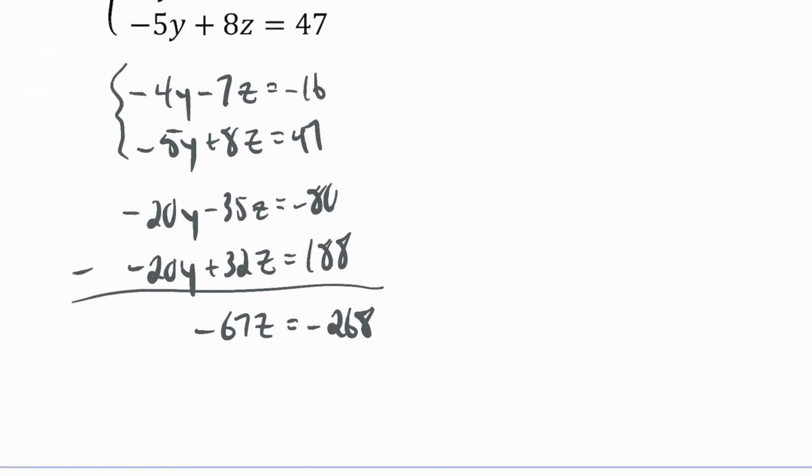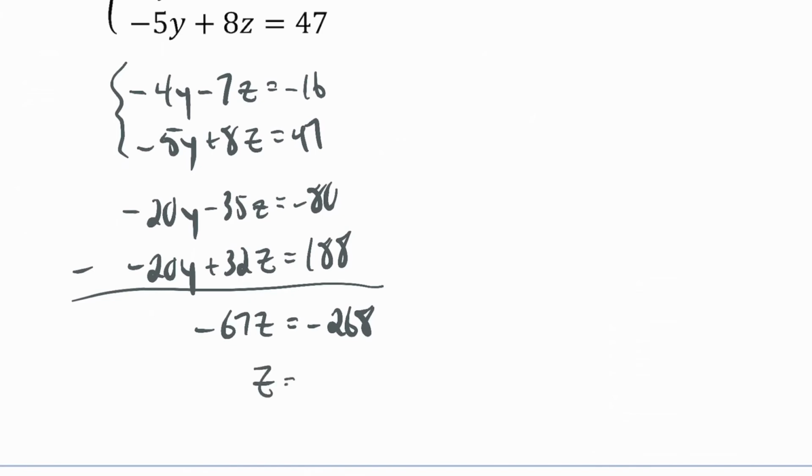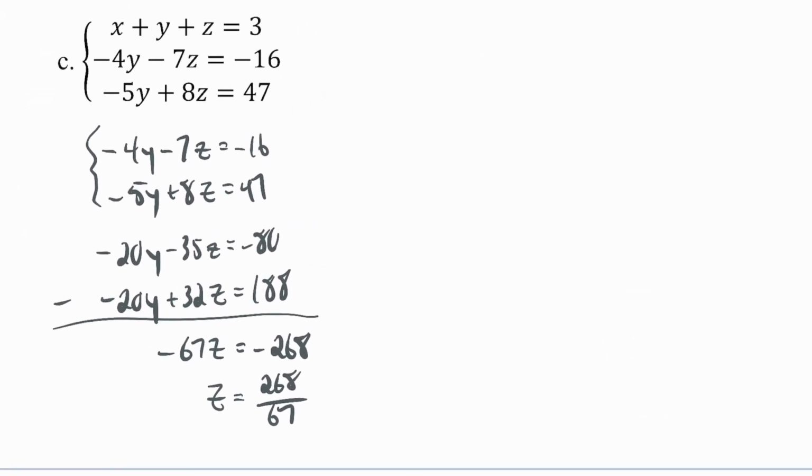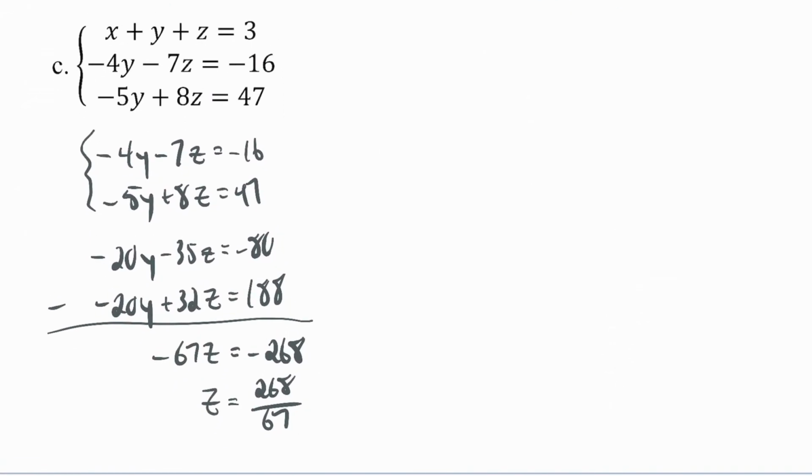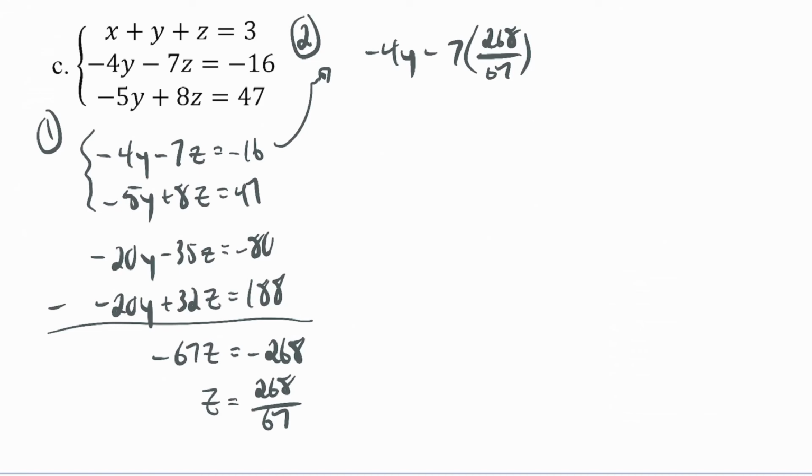Okay, so then I'll divide both sides by negative 67. So z equals 268 over 67. Okay. So we're back to messy numbers again. Okay, so now I can find a number for y. This is step 1. Step 2, I'll take this top equation and plug in for z. So negative 4y minus 7 times 268 over 67 equals negative 16.